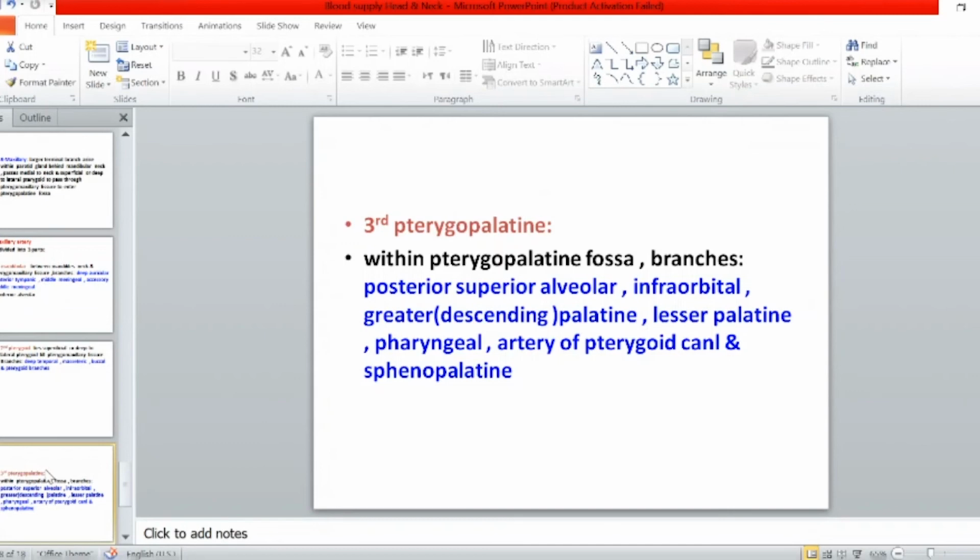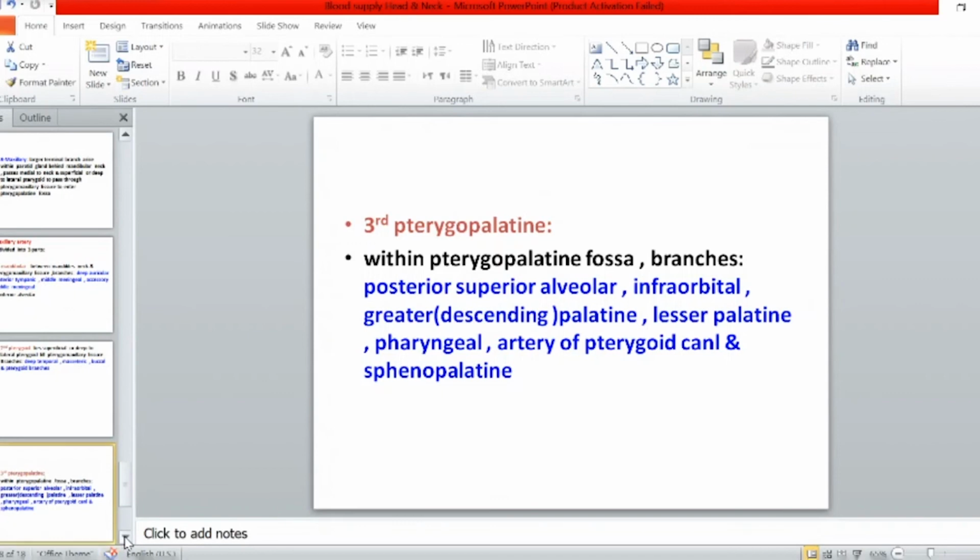So it gives rise to the posterior superior alveolar, partly for the supply of the teeth, infraorbital for the floor of the orbital cavity, emerging on the face, and then greater or descending palatine and lesser palatine for the roof of the oral cavity, pharyngeal branch for the nasopharynx, artery of the pterygoid canal, which partly supplies the meninges, and sphenopalatine for the supply of the nasal cavity.